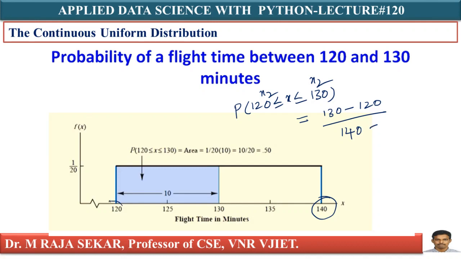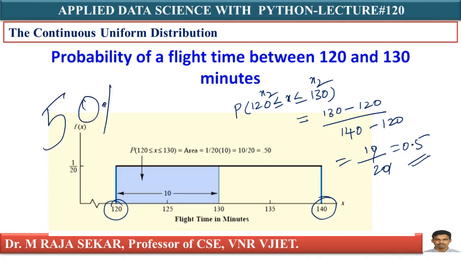And a is the lower limit, 120. 130 minus 120 means 10. 140 minus 120 means 20. That is 1 by 2, I can say that is 0.5. So what is my conclusion? The probability of the flight arriving between 120 and 130 is 0.5, which means 50%.